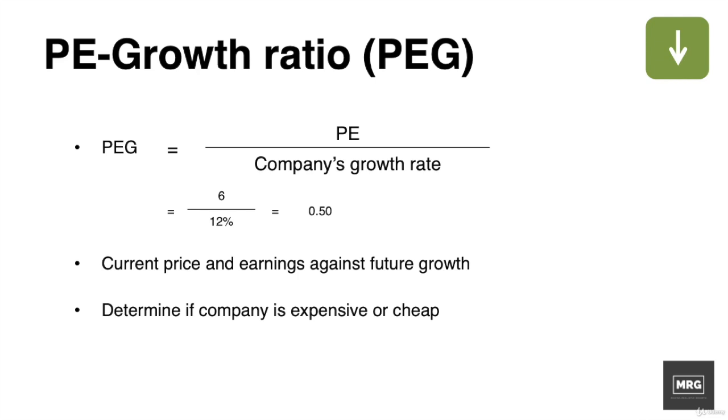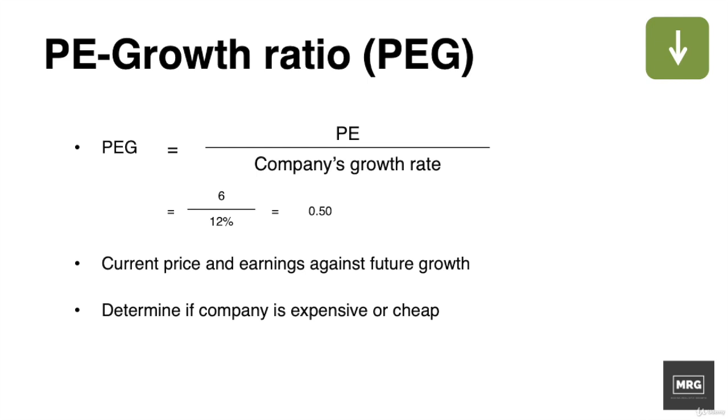In the example of a new tech company with exciting technology, it can gather a lot of investors' interest and bring up the price extremely high to give a PE ratio of more than 100, for instance. But assuming that in the next 5 years there is a growth rate of more than 100%, technically you would have a low PE to growth ratio, which means that it is not too expensive because it has the capability to generate very good income in the future.